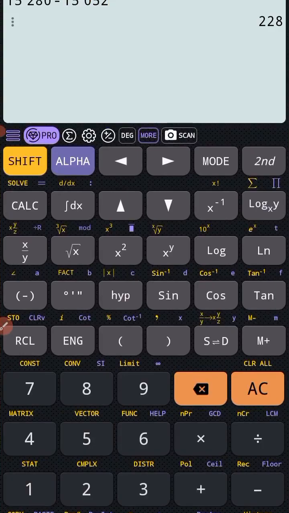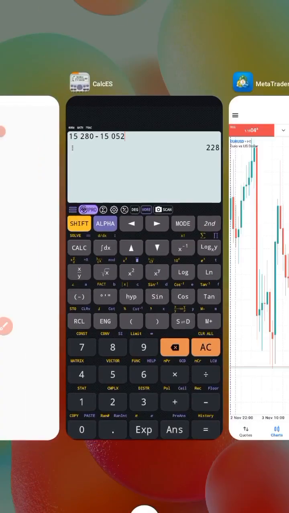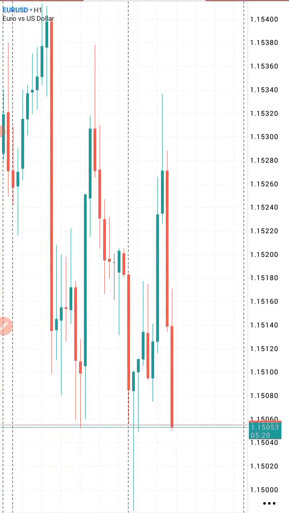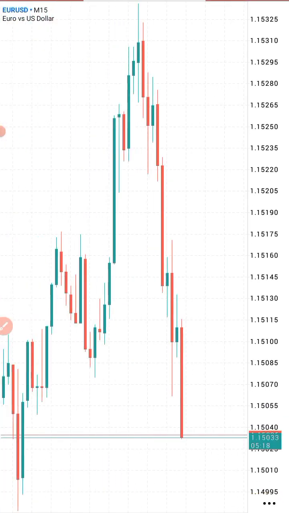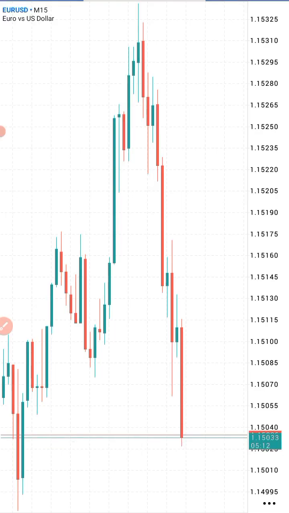That means you have gotten 228 pips. You have gotten 228 pips in one trade. That's big money.